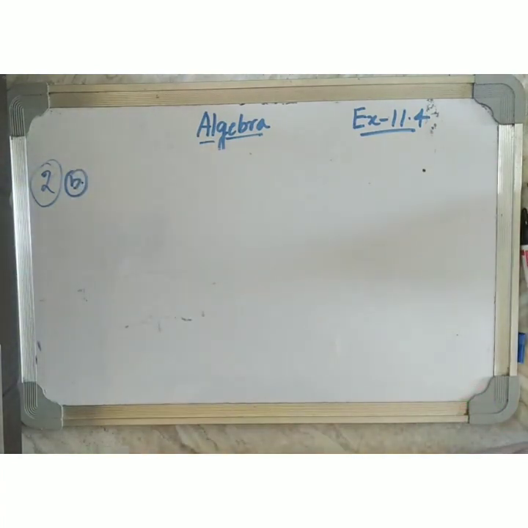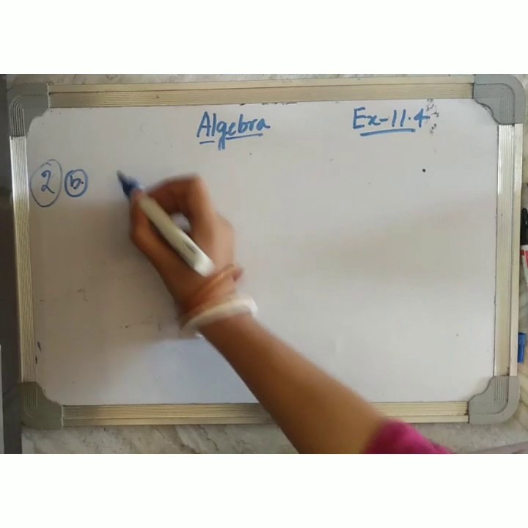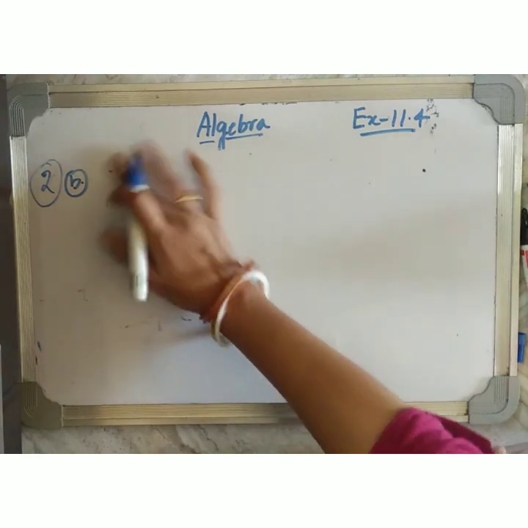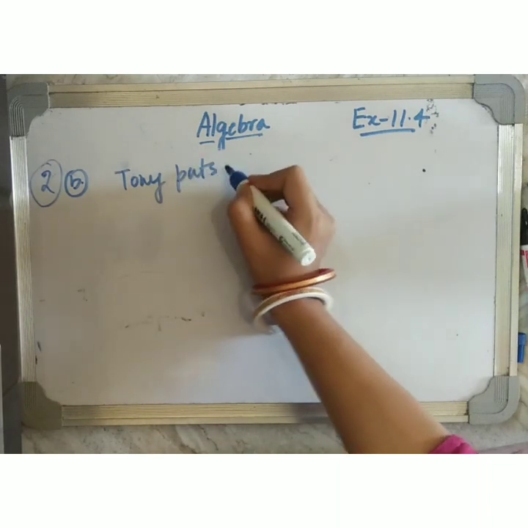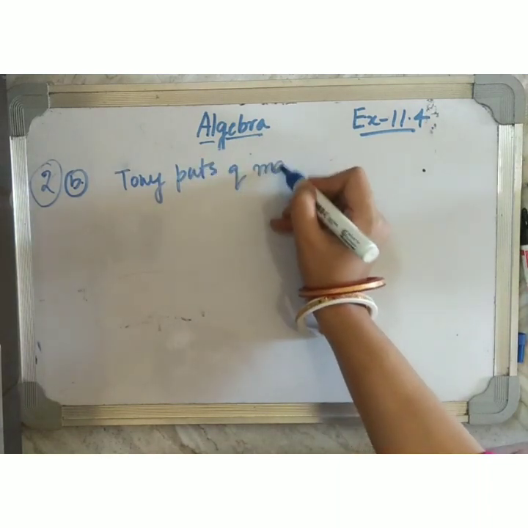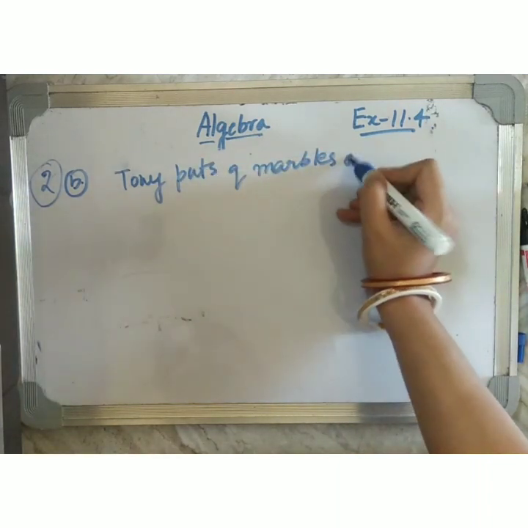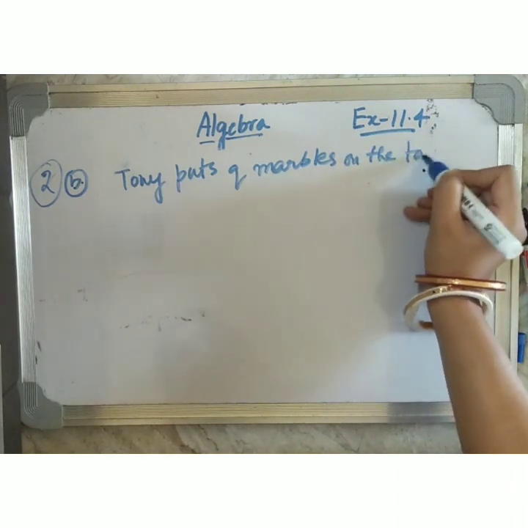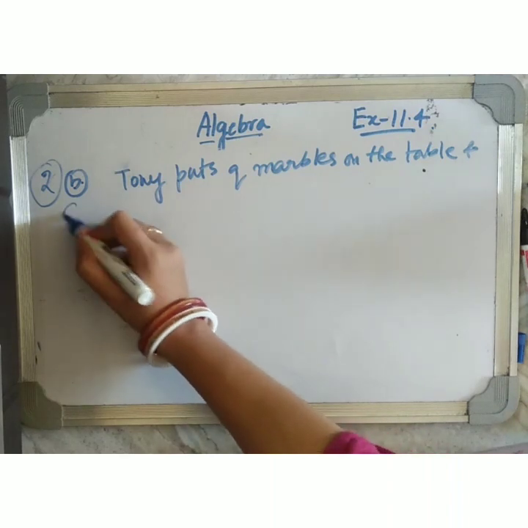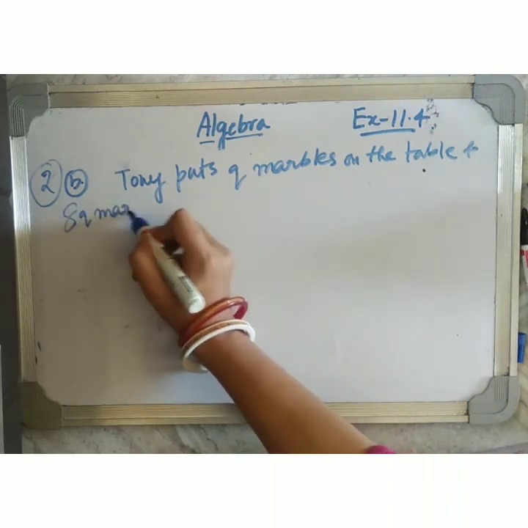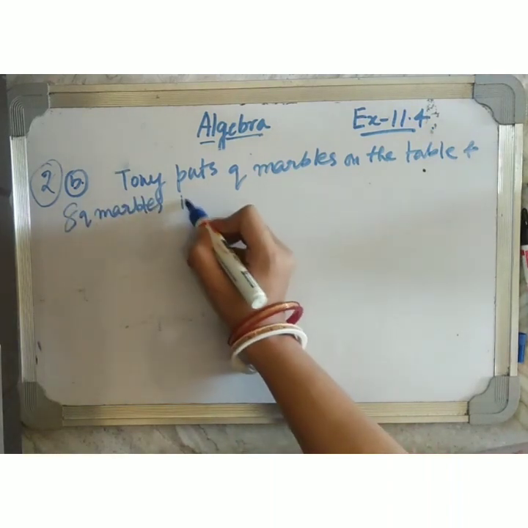In question number B it was written, Tony puts Q marbles on the table. He has 8 Q marbles in the box. So let's write it: Tony puts Q marbles on the table and 8 Q marbles in the box.